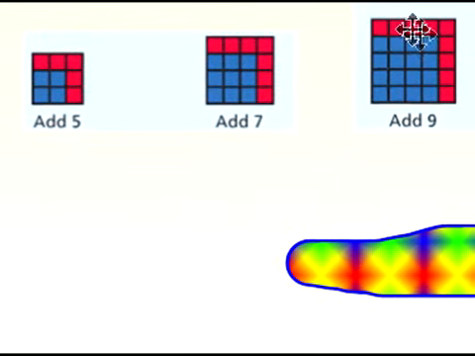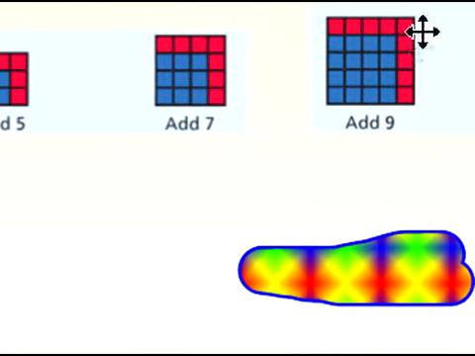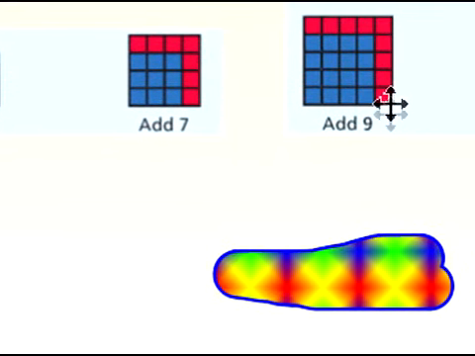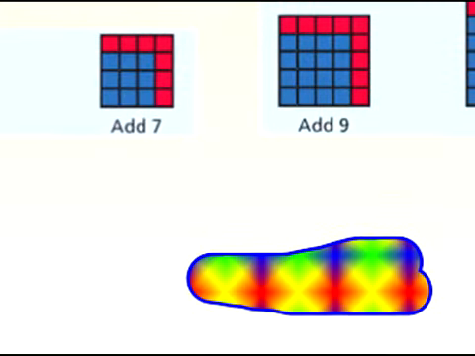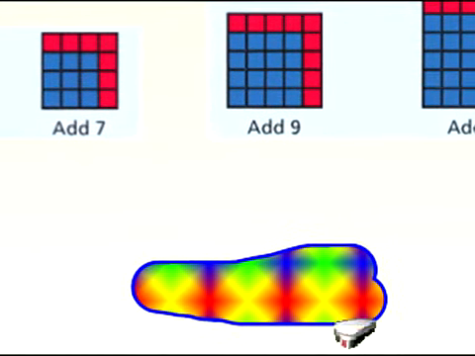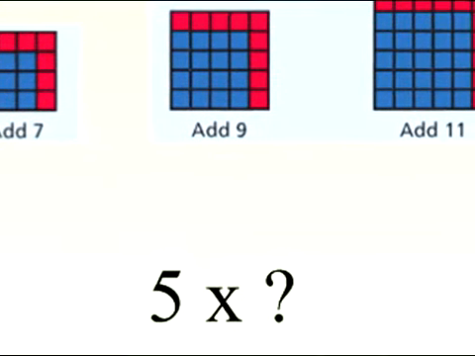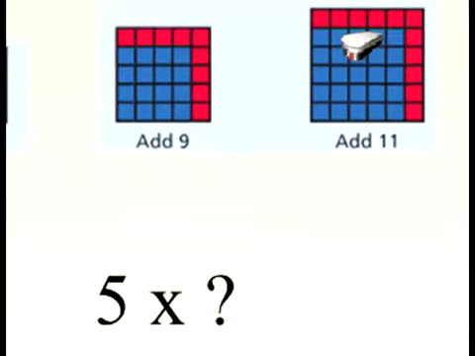1, 2, 3, 4, 5 red ones. And 1, 2, 3, 4, 5 red ones. What do we have? What's the pattern? Let's erase that. 5 times what? Do you see there might be a pattern there?